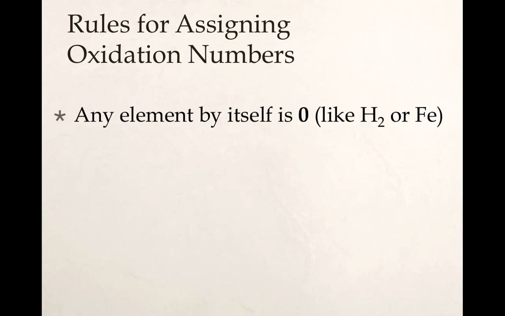So here are your rules for assigning oxidation numbers. The first rule is that any element by itself is 0. The oxidation number is always 0 if it's an element by itself, like hydrogen gas, H2, or iron, Fe. They are not bonded, they are by themselves. A pure element is always 0.